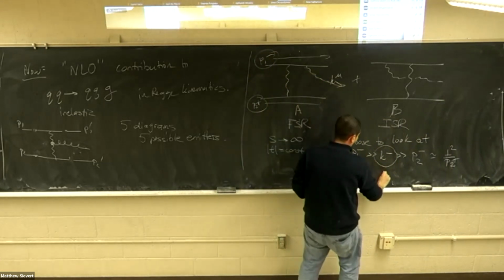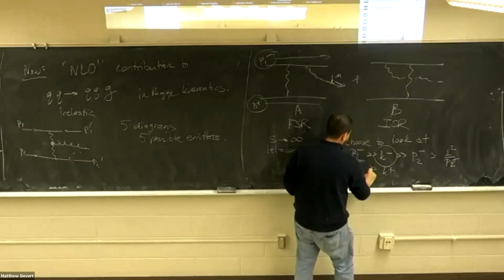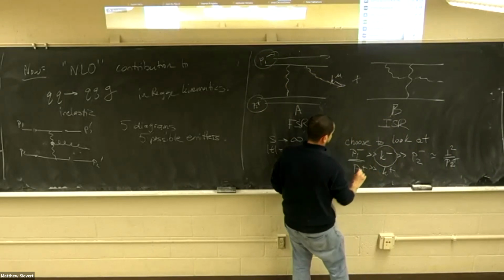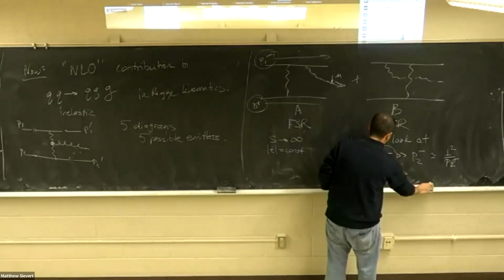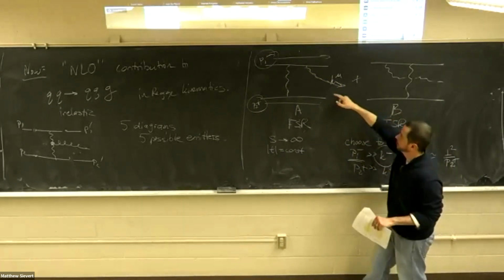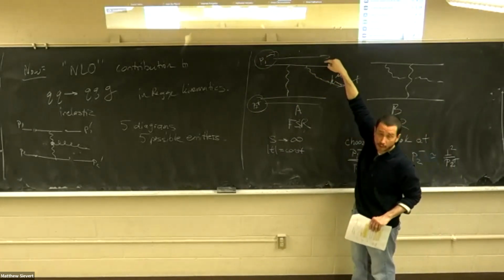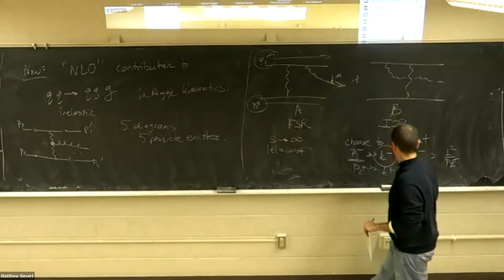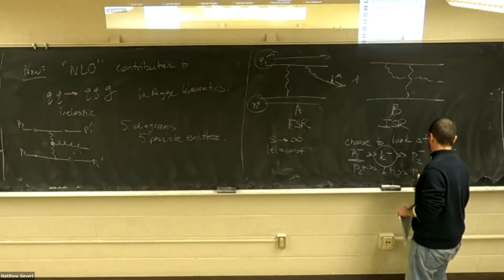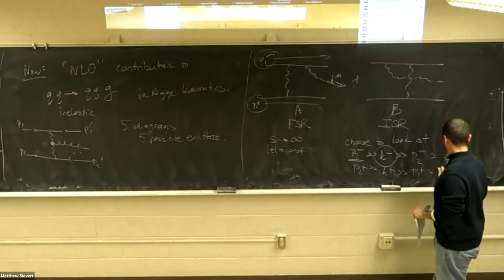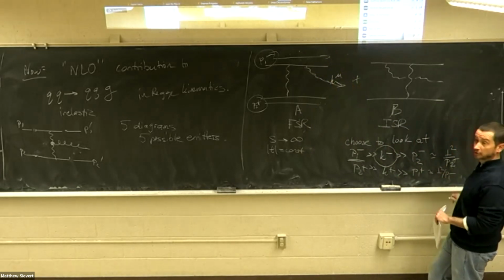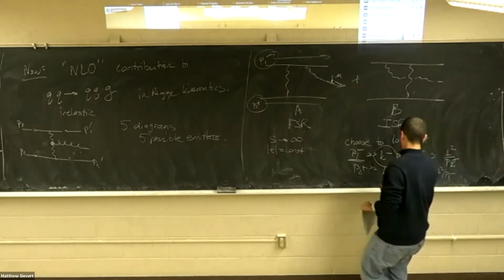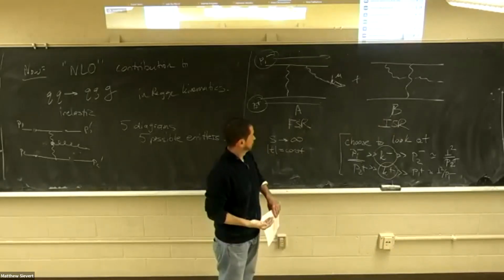In the same way, I want my k plus to be much smaller than the big plus momentum, p2 plus, but not so small that it starts to compete with the on-shell plus momentum of p1. So this needs to be much larger than p1 plus, which is some transverse momentum scale over p1 minus, which is large. So this is the range that I'm going to choose to focus on for the particle production.